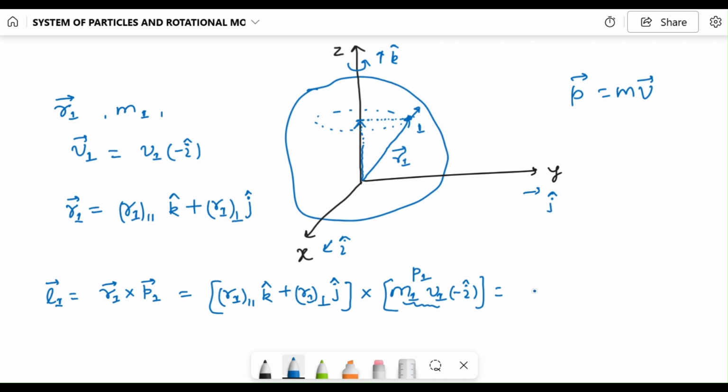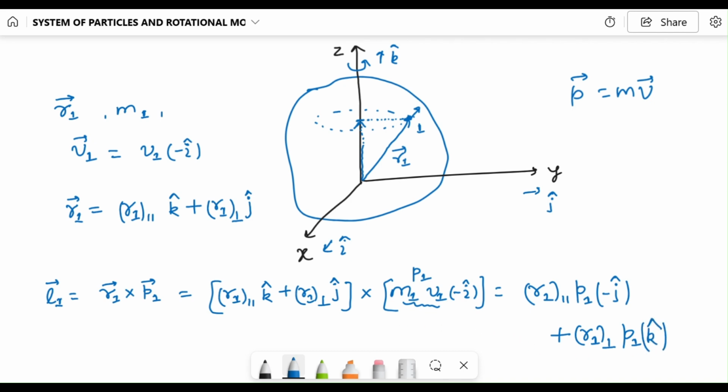So we can write R1 parallel times P1, and this will be k cross minus I. So it will be along minus j cap, because k cross I is going to be j cap. Next, R1 perpendicular, and then P1, and then this is j cross minus I. So it will be along k cap.